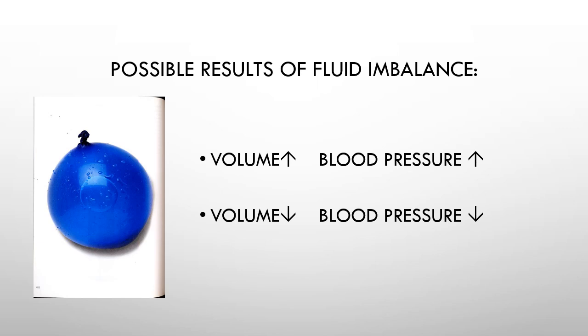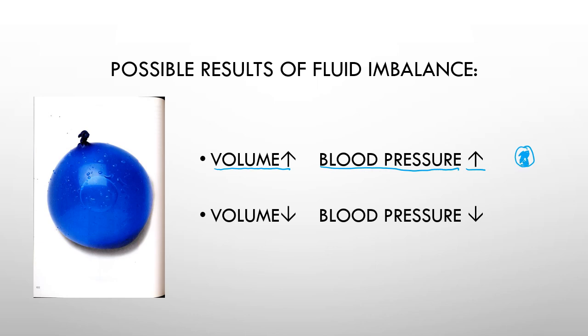Because if our volume changes, we're going to have potential changes in the blood vessels, where an increase in blood volume is going to lead to an increase in our blood pressure. So we've got increased volume, we've got increased blood plasma. That increased blood plasma means that the vessel that was being pushed on with a certain amount of force in terms of the blood pressure, now we increase the water there, and that force goes way, way up.